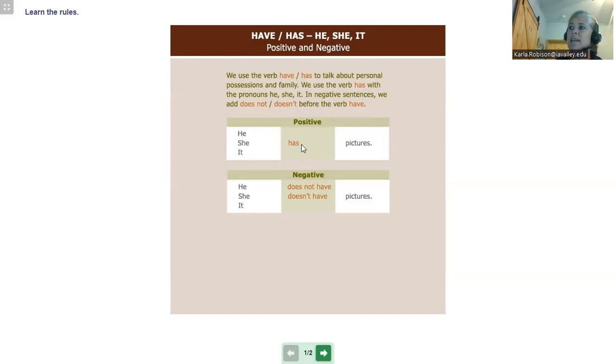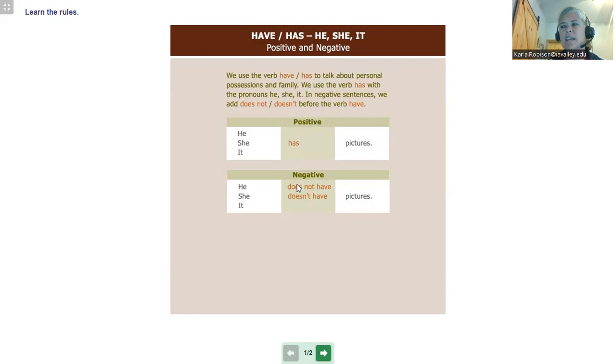Okay, so he has pictures. She has pictures. It doesn't have pictures. Okay, so anytime it's the positive, you're going to use has. So something that you have or own, or talking about your family. He has a daughter. She has a son. It has a collar.